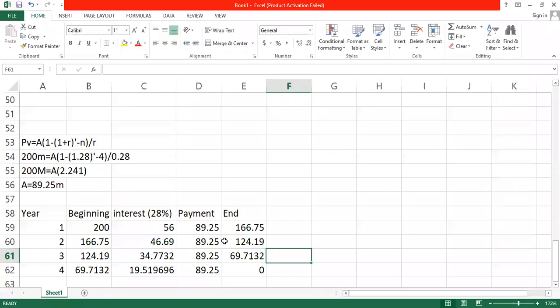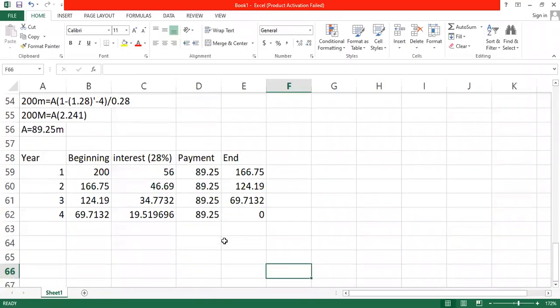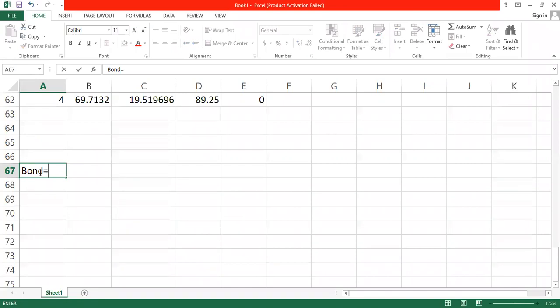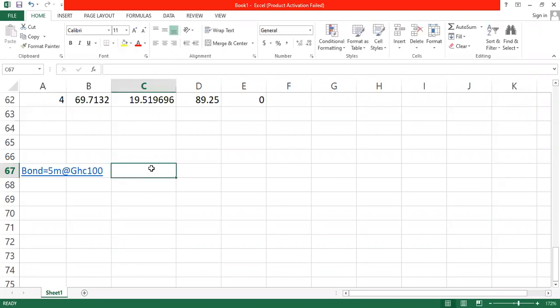So let me solve it one by one again. What is the value of the bond? Let's look at the actual value of the bond: 5 million multiplied by 100 Ghana cedis, isn't it? Yes. So what will be the total amount now? 500 million.